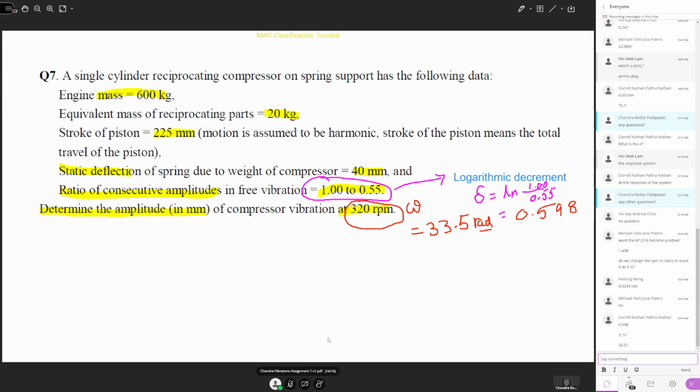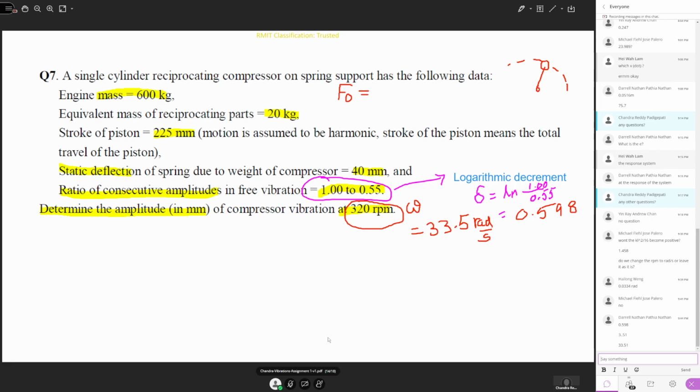Now, this is a single cylinder reciprocating mass. When a system is reciprocating, the system has a mass which is subjected to a normal force. We can write the force due to the reciprocating mass as F naught, equal to M into A, acceleration.